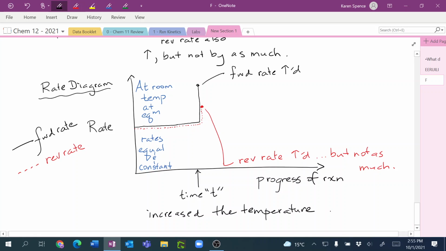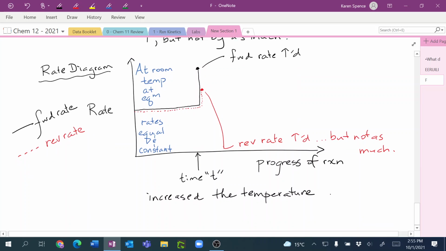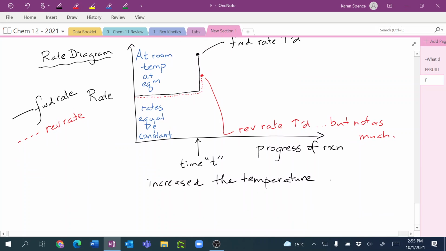So at this point in time, what can you say about NO2 at time t?